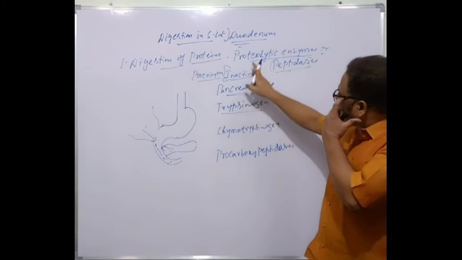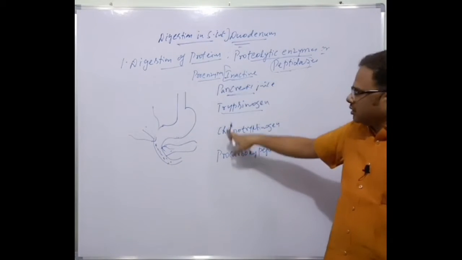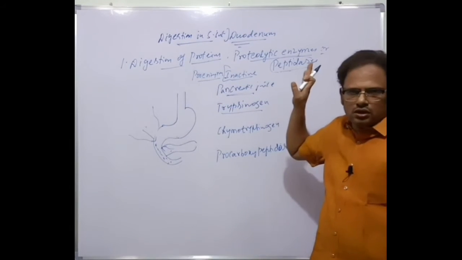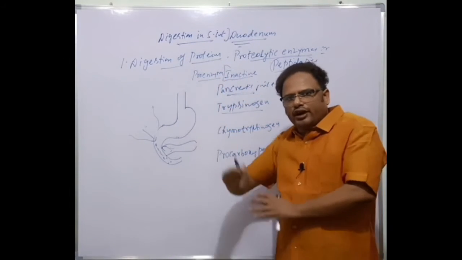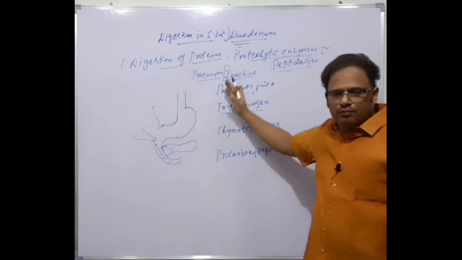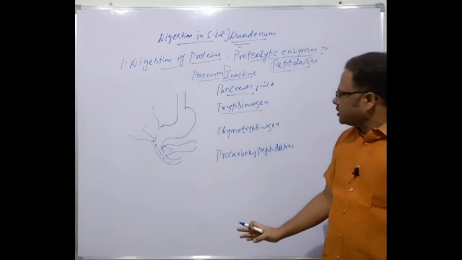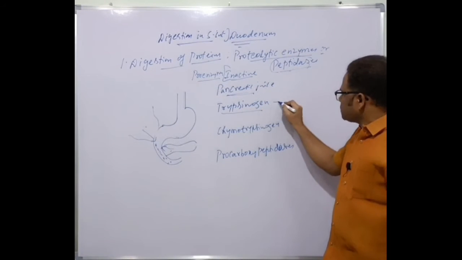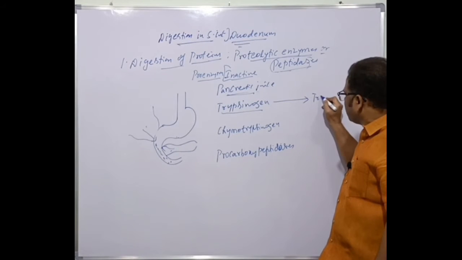And these are the protein digesting proteolytic enzymes we are discussing here, isn't it? Because the topic is digestion of proteins. Other enzymes are present in the pancreatic juice, but we are referring here only to the protein digesting enzymes, which are in inactive forms. So this trypsinogen must be activated to which one? Trypsin.